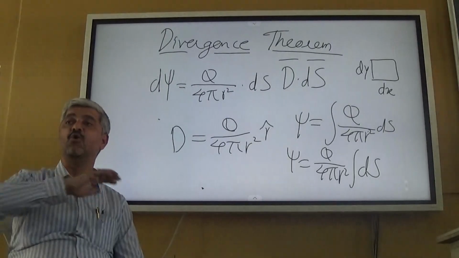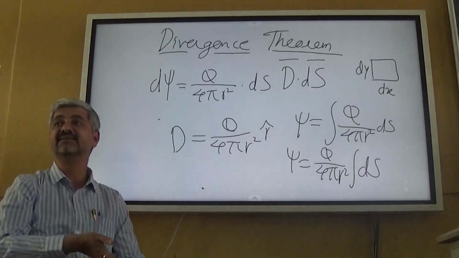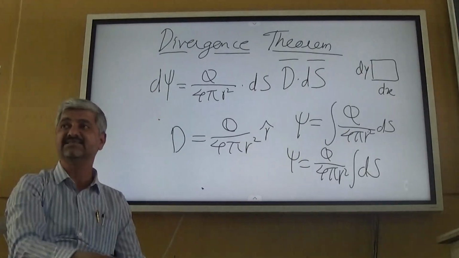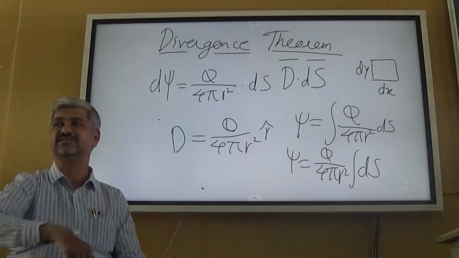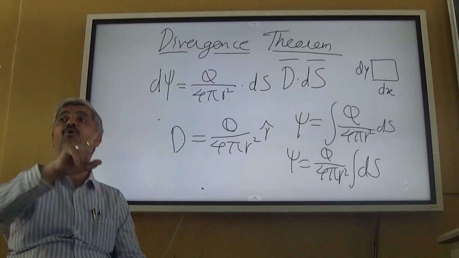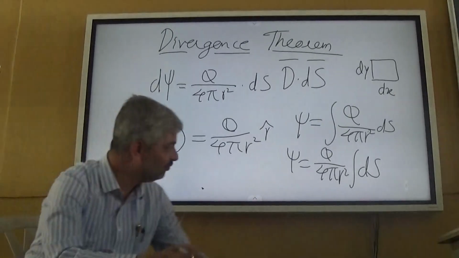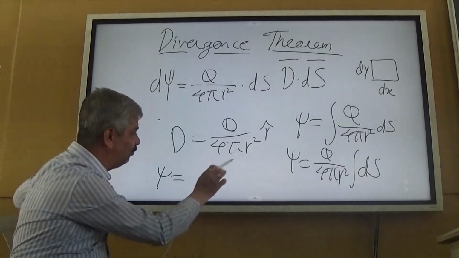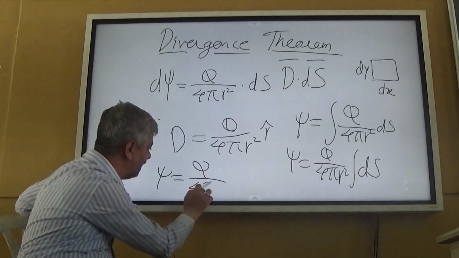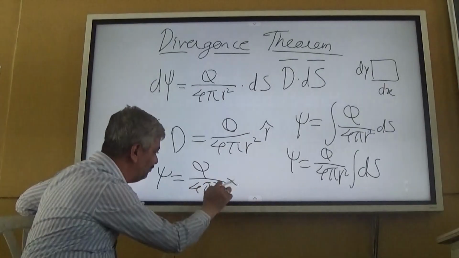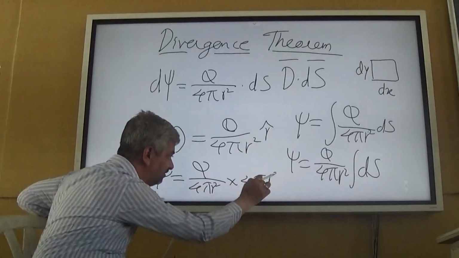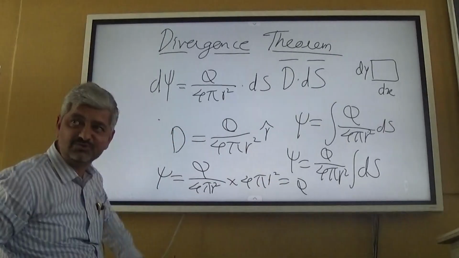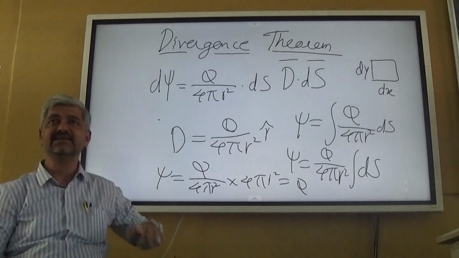We have to integrate over the entire sphere. Integration of ds for a spherical surface is the surface area of a sphere, that is again 4 pi r square. So by common sense we can prove psi will be equal to q upon 4 pi r square into 4 pi r square, that is q. That is, total flux is equal to total charge enclosed. For a spherical surface, it becomes instantly clear.